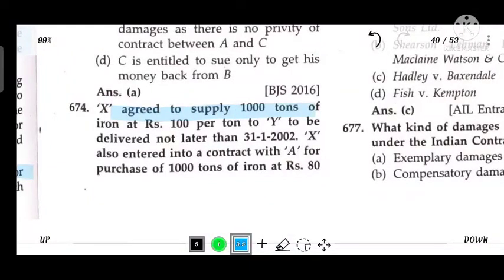X agreed to supply 100 tons of iron at rupees 100 per ton to Y, to be delivered not later than the 31st, 2002.